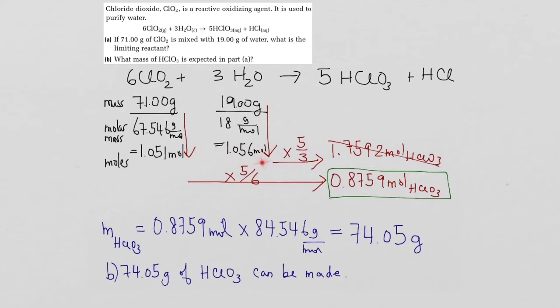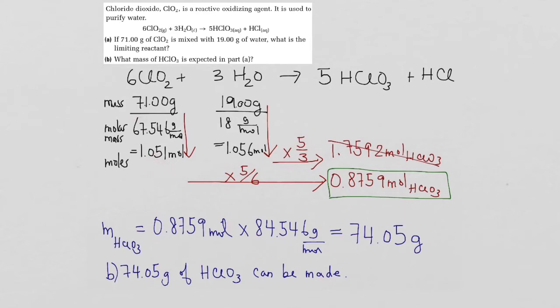Even so, this will run out faster because you're using this at a faster rate. In fact, 6/3, twice as fast as you're using up water. So if you look at these, they're almost the same amount of moles, except you have to use this up twice as fast, which tells you that even if I don't calculate this, I can tell that this will run out first.